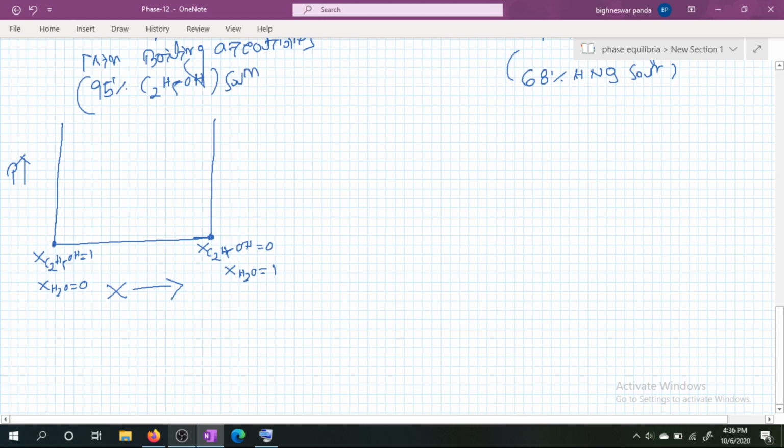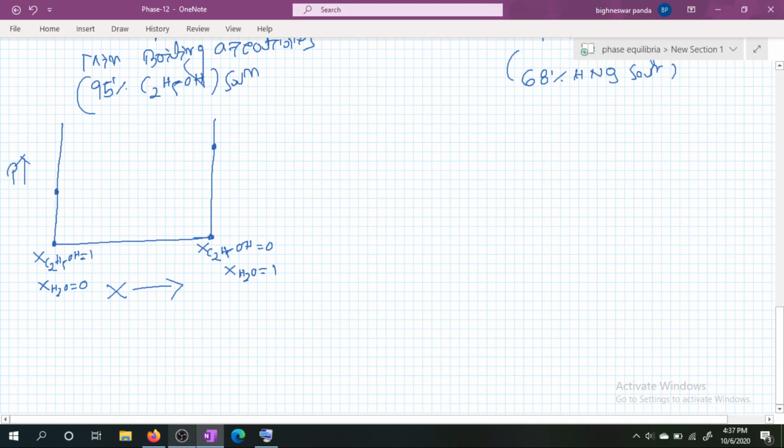So here alcohol is present as a pure component, and here water is present as a pure component. The boiling point of water is more, and alcohol has a lower boiling point as compared to water.